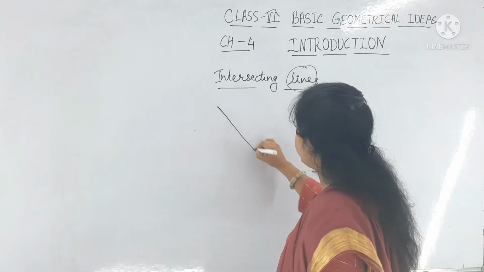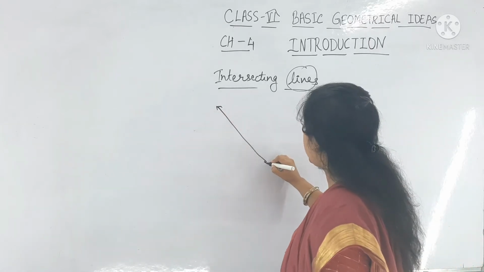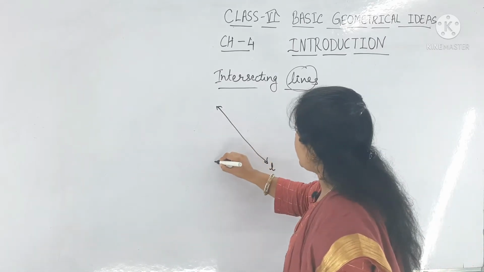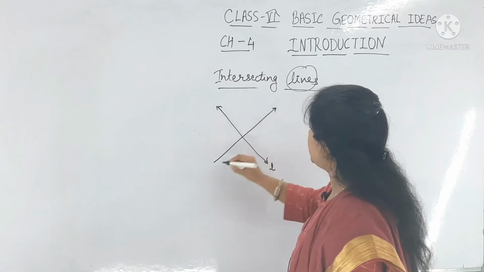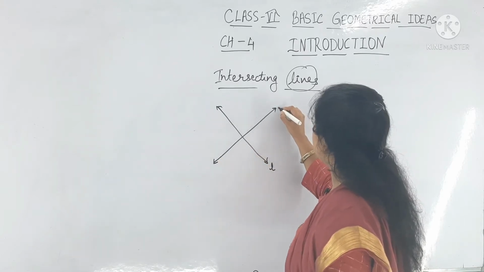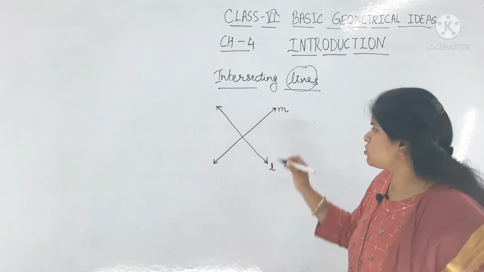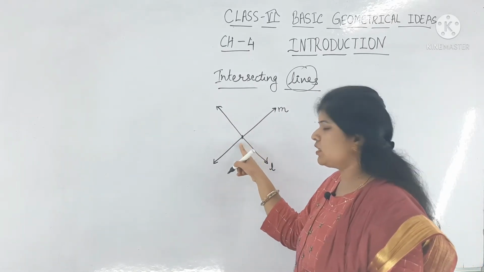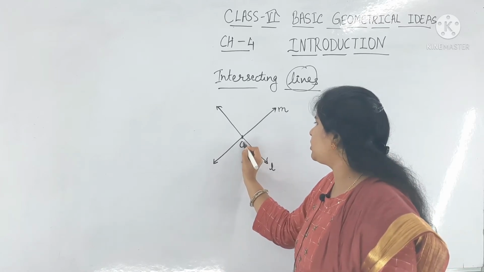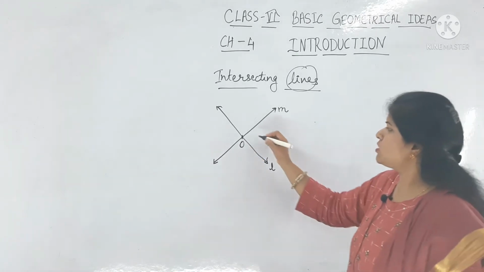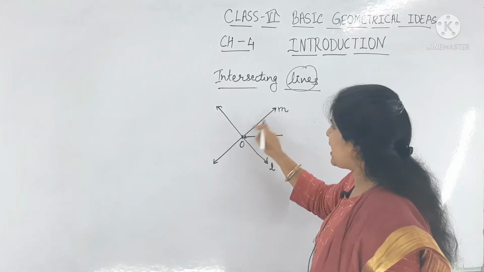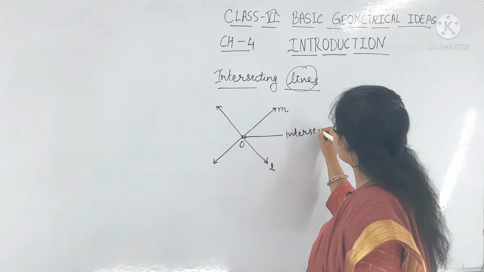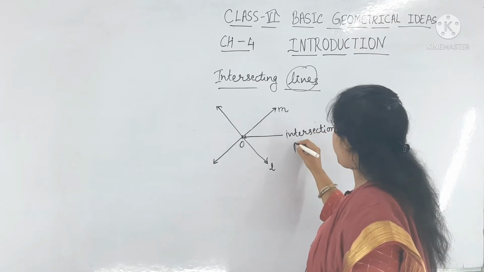Okay, so here I am making one line, I am giving the name L. Okay, and I am cutting this line with line M. Okay, so it is cutting, which means it cuts at this point, let it be O. Okay, so this is where the lines meet. Okay, that is the intersection point.